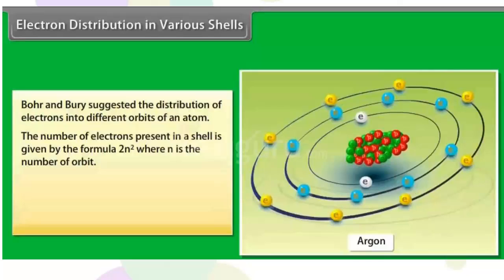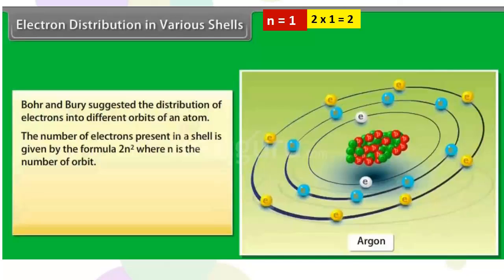Now he has given one formula on the basis of which we come to know how many electrons are there. So the formula is 2n squared. If I take n equal to 1, if I substitute, I will get 2. So 2 electrons will be in the first shell.